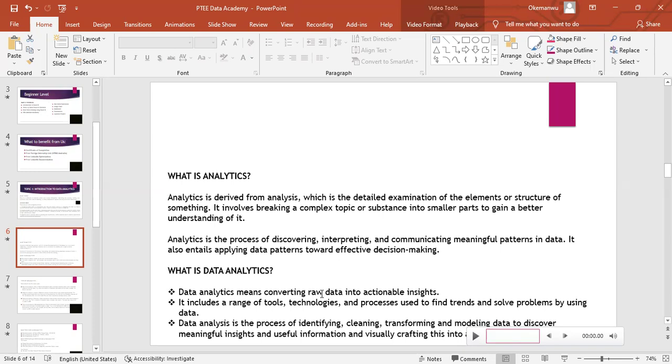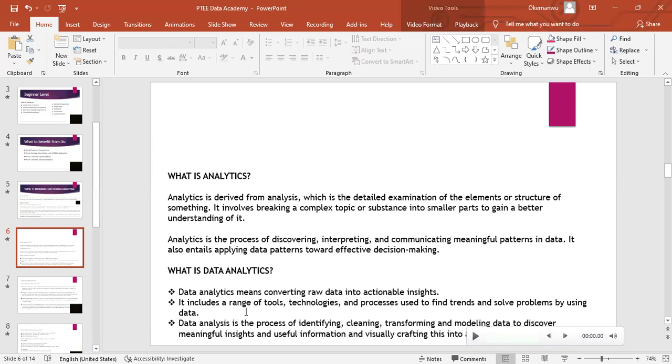Now, before I continue with the definition, data analytics also includes a range of tools, technologies, and processes used to find trends and solve problems by using data. How do I mean? It involves different software, like the one we're about to use now, which is Excel. There's another software called Power BI, Microsoft Power Business Intelligence.